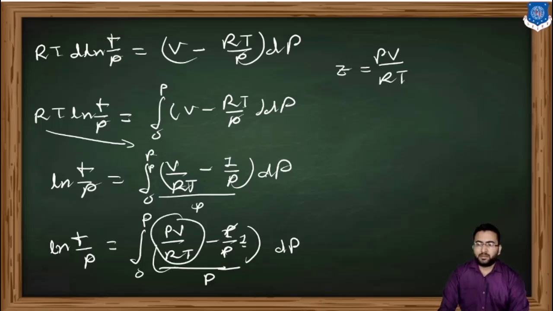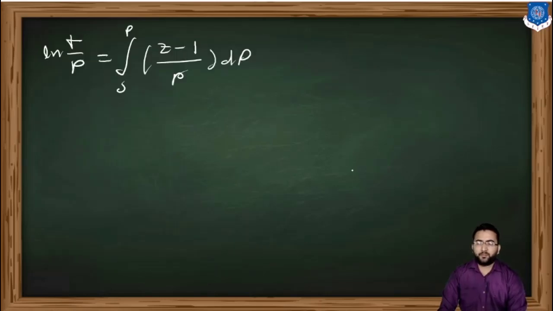So this term is replaced by compressibility factor, so it becomes Z minus 1 upon P into dP.